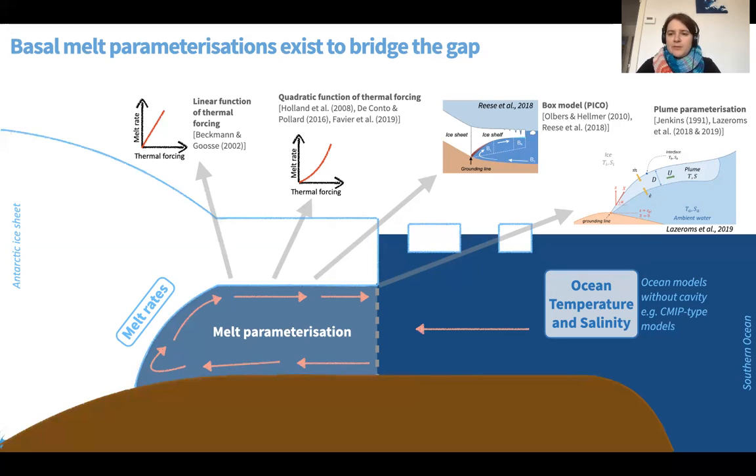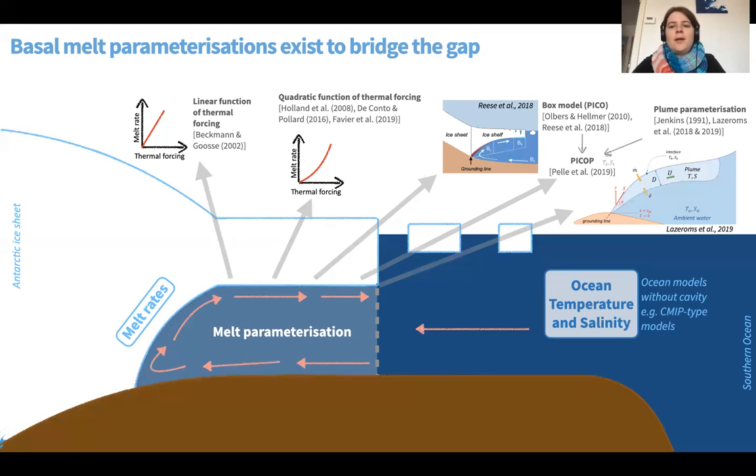Then we have the plume parameterizations, which assume that the melt at the grounding line initiates the formation of a freshwater buoyant plume that rises along the ice ocean interface and therefore also leads to melt on the way.